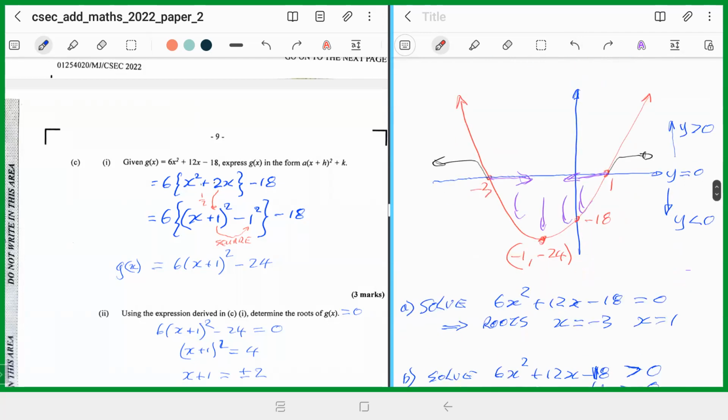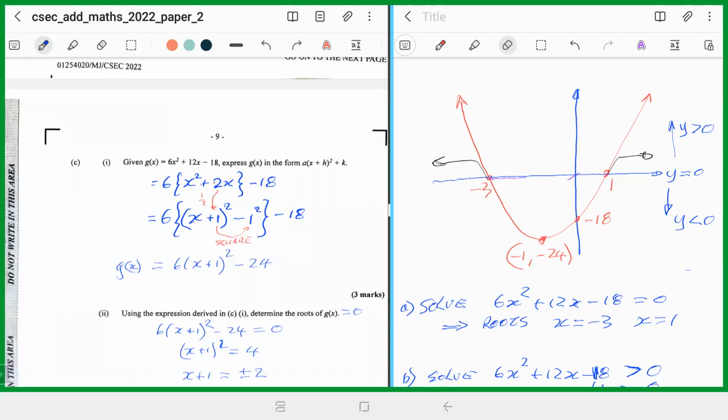Look at it though. What is the range of that function? Range is the spread of your y values. What is the range of this function for a domain that has no restriction on the x? There's no restriction on the domain.